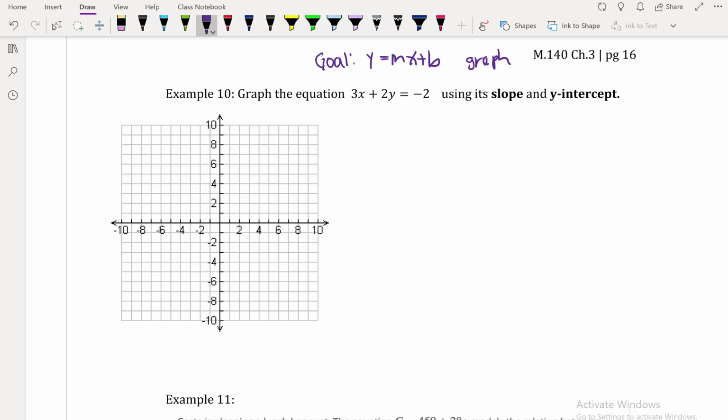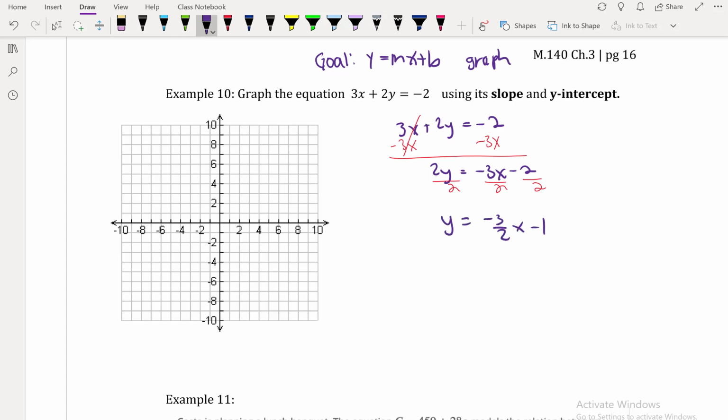So here I have my 3x plus 2y is equal to a negative 2. The first thing I'm going to do here is subtract a 3x from both sides. From there I'm going to have a 2y is equal to a negative 3x minus 2. And then don't forget to divide everything by 2 to get the y isolated, so that y is equal to a negative 3 halves x minus 1.